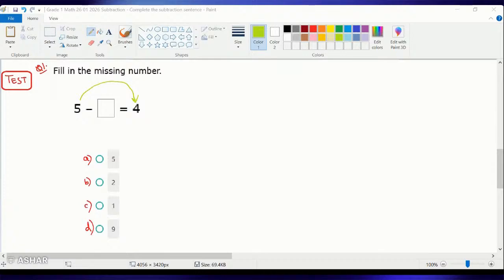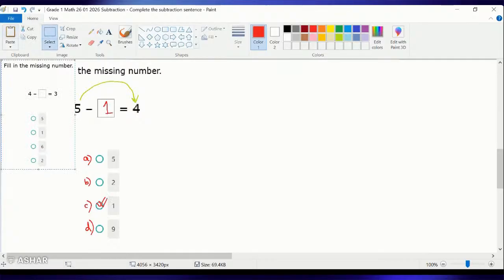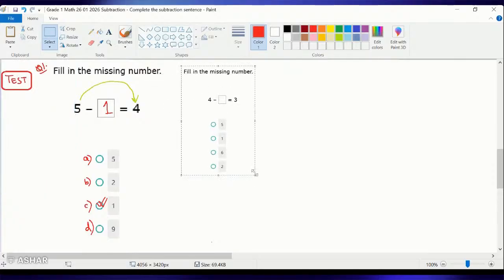I'm waiting. Option C. Thank you. That means option C is the correct answer. We know that 5 minus 1 is always equal to 4. Thank you so much.